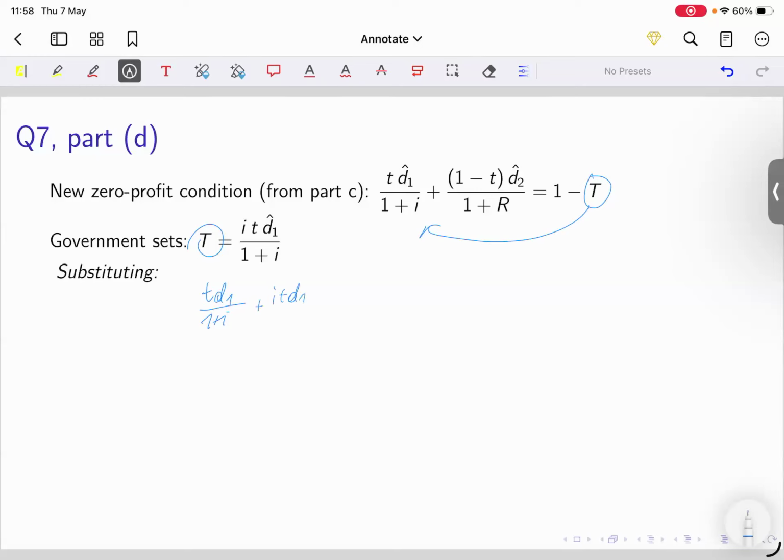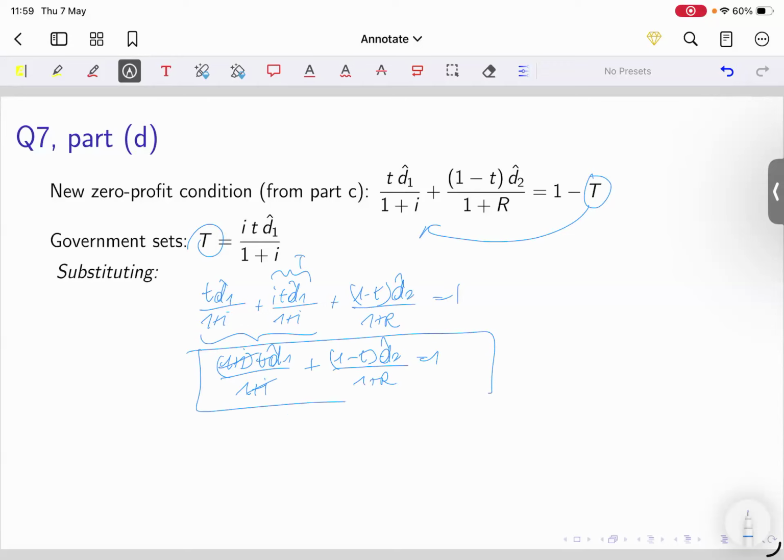This is I T D1 hat over (1 plus I). This is your T, plus (1 minus T) D2 hat over (1 plus R) equal to 1. Notice what this is: (1 plus I) T D1 hat over (1 plus I). This simplifies to (1 minus T) D2 over (1 plus R) equal to 1, which is indeed the expression of the zero profit condition that we started with.